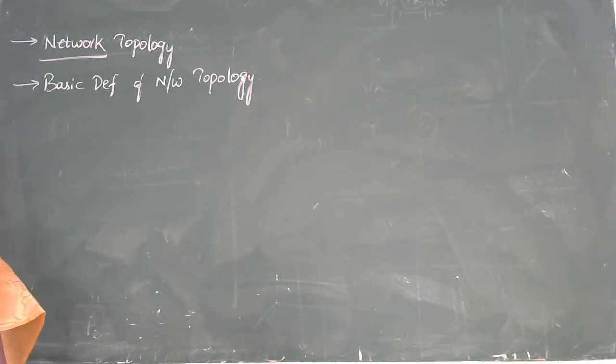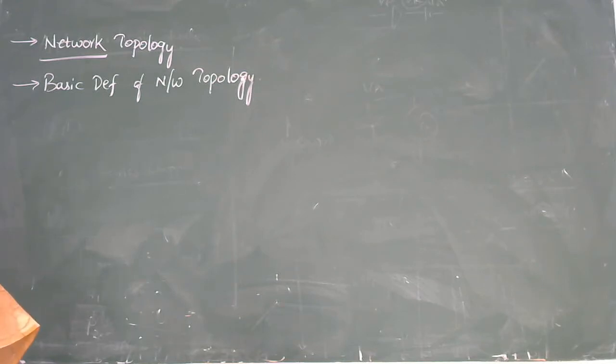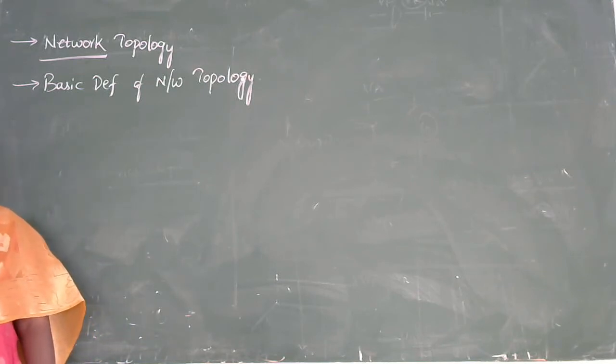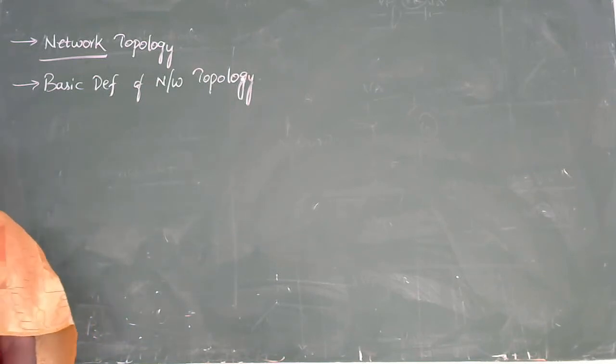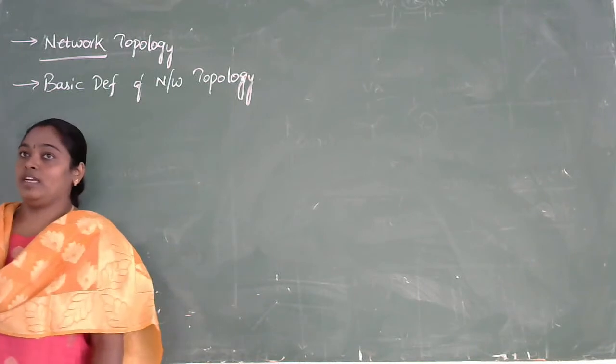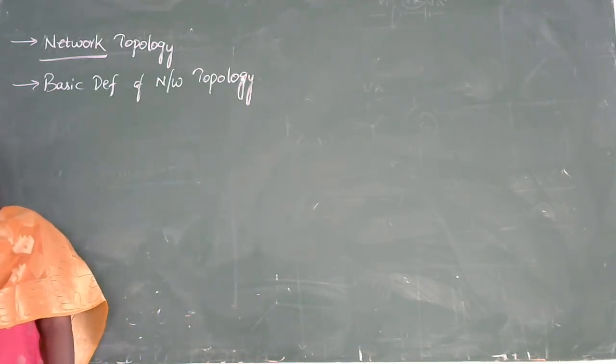So it is the arrangement of various elements like nodes and links of an electrical system. We are not dealing with the physical elements, but with the way in which they are connected. That means we are interested in the geometrical pattern of the elements rather than the physical elements present in the structure.